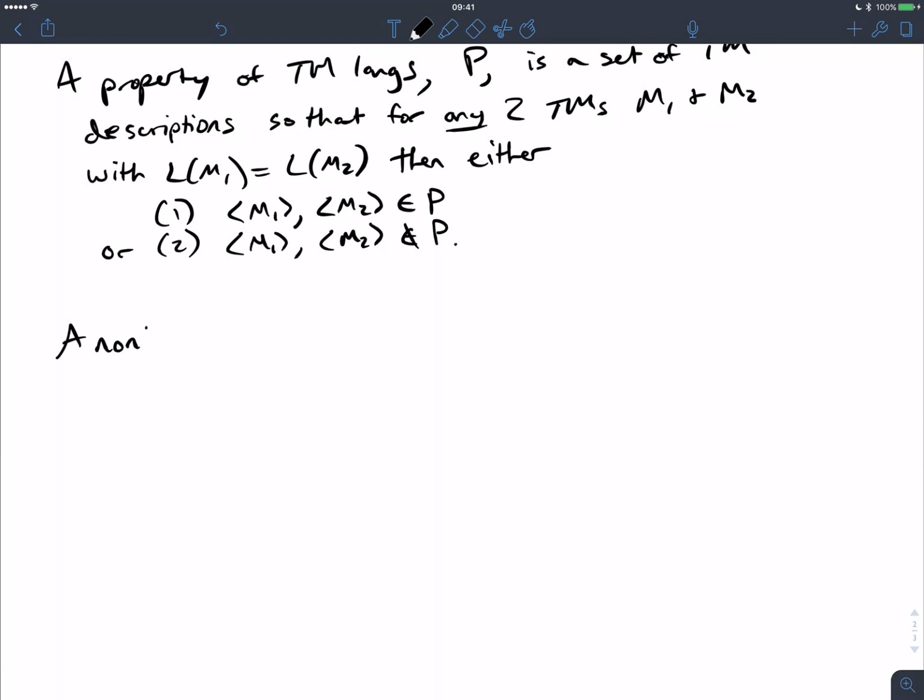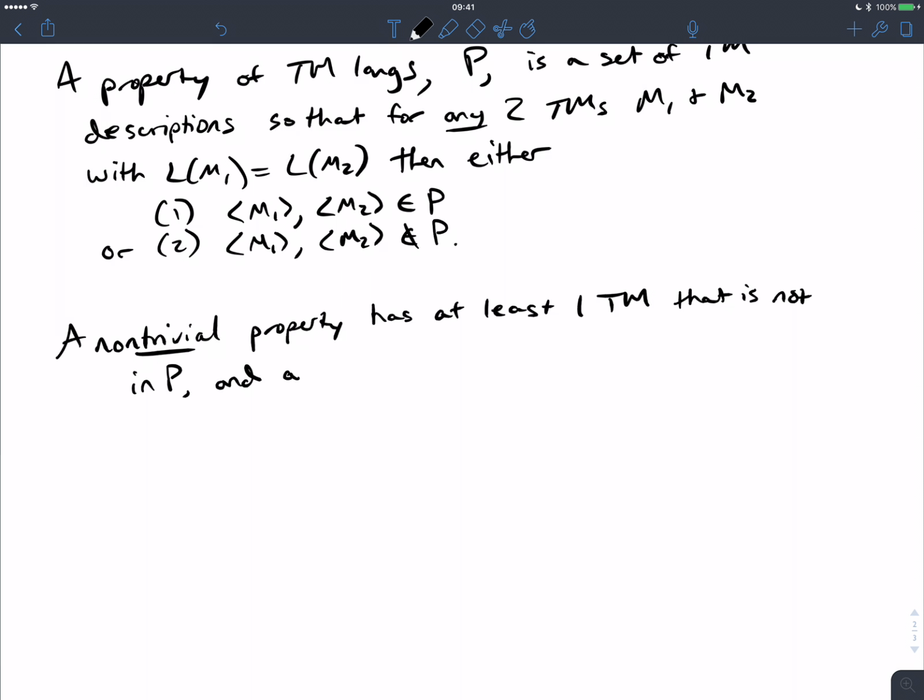So a non-trivial property has at least one Turing machine that is not in P and another that is in P. So, of course, what are called trivial properties are those that have either every Turing machine in the language or none of them at all.